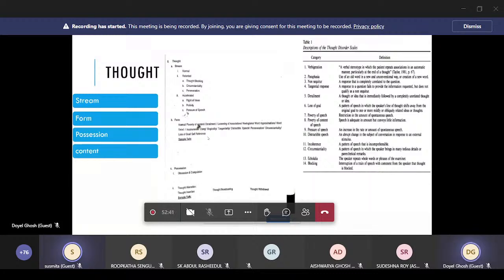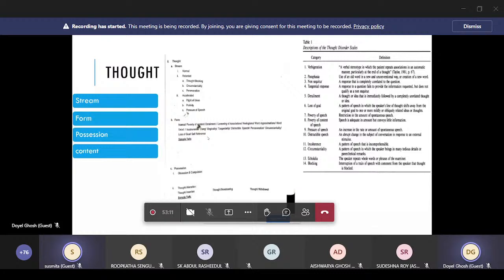All our sentences are associated with each other, but there may be some loosening. In case of schizophrenia, there may be this form of thought. If there is any disturbance or disorder in it, we call it formal thought disorder. So these all come under formal thought disorder. So there may be loose associations. The associations are not intact.